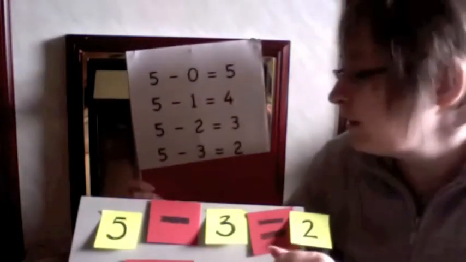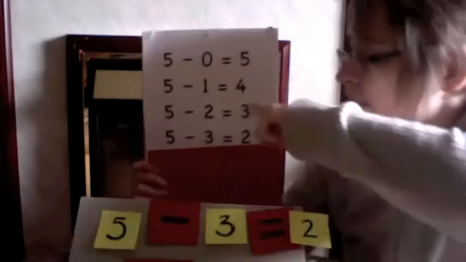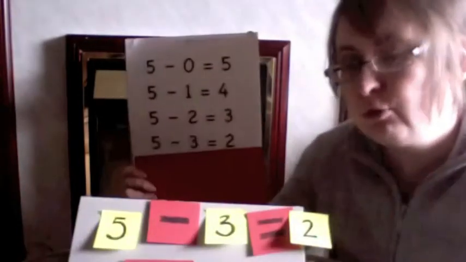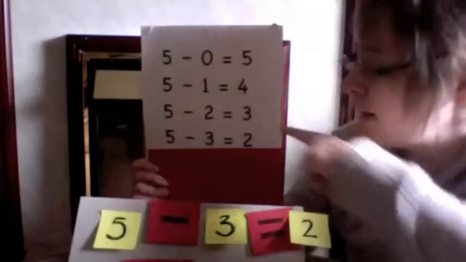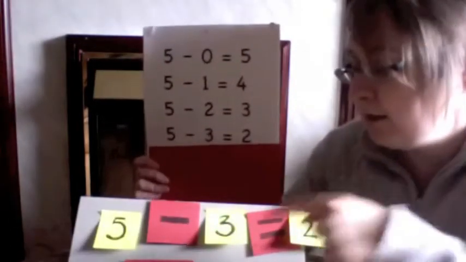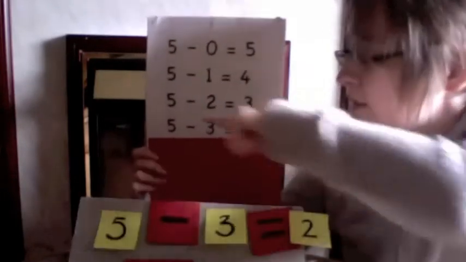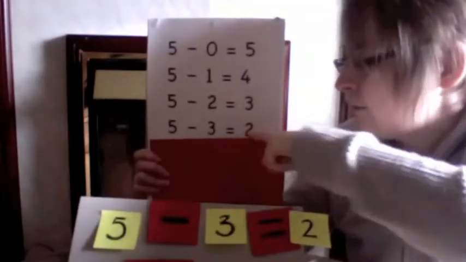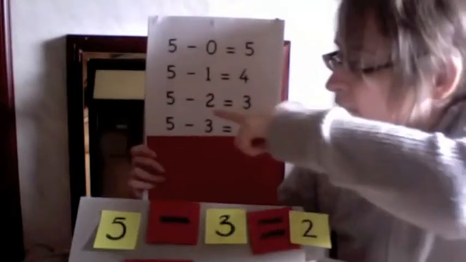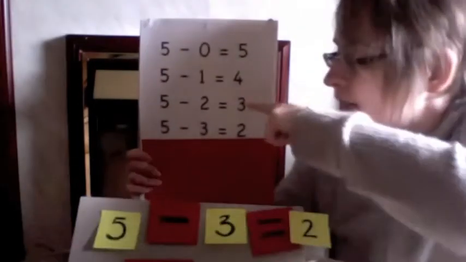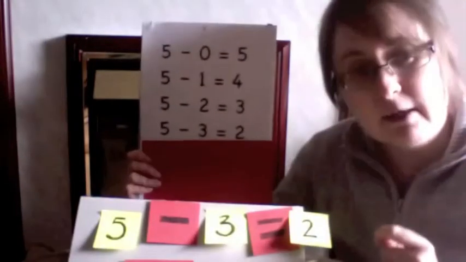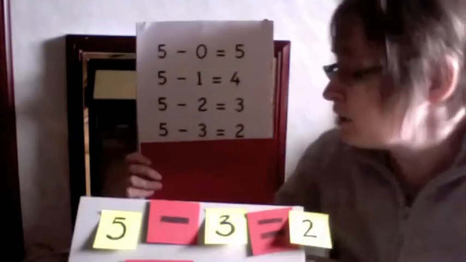But do you notice the numbers too? Particularly here, the last 2 subtractions that we've done. We took 2 away and we were left with 3. And the subtraction we've just done is 5 take away 3 equals 2. So we have the numbers 2 and 3 in both of these subtractions, and they've merely been put round in different positions.